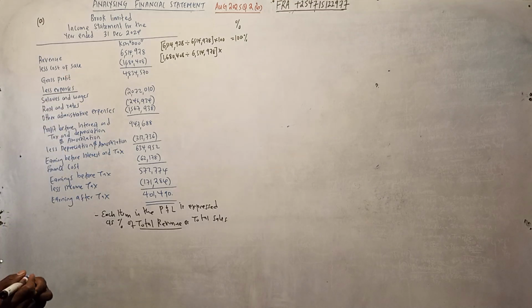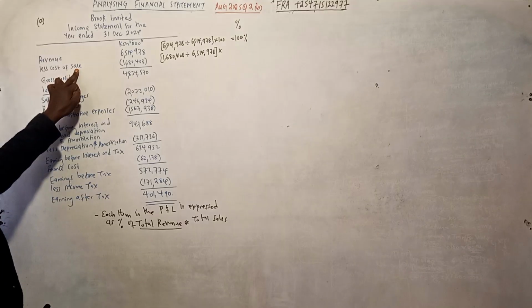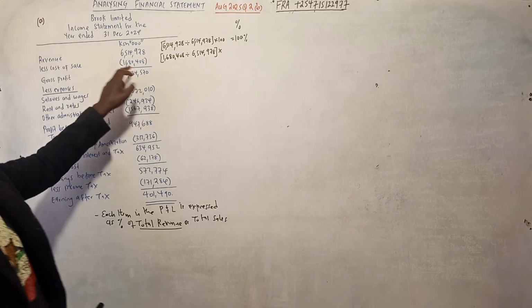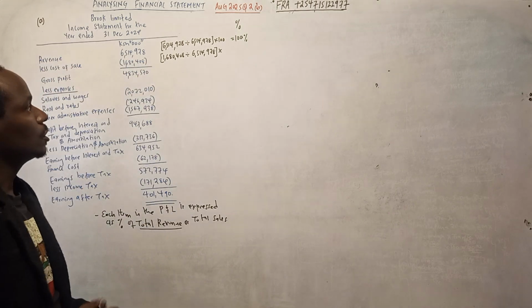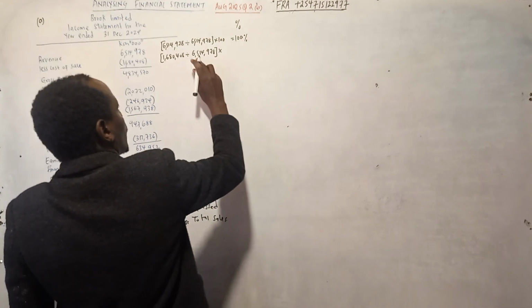We go to the next item, which is cost of sales. Cost of sales will be expressed as a percentage of total revenue. So cost of sales is 1,680,408. You divide by the total revenue, which is 6,514,978.